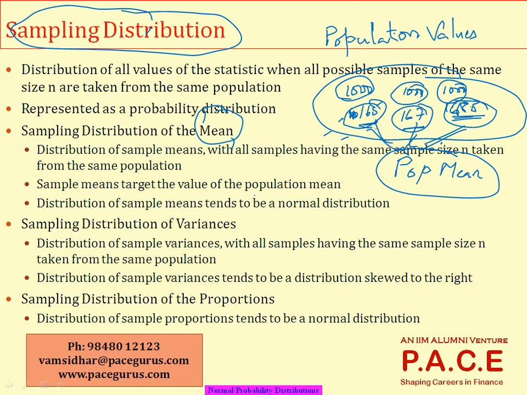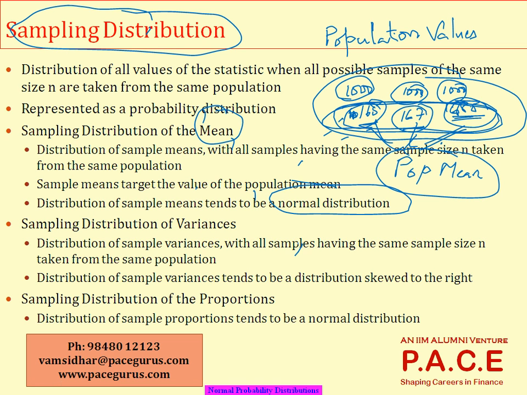And there have been theories which prove that if I take the distribution of all these sample means, it will tend to be a normal distribution itself. That's one of the more important facts because of which we have to understand the normal distribution heavily in depth.